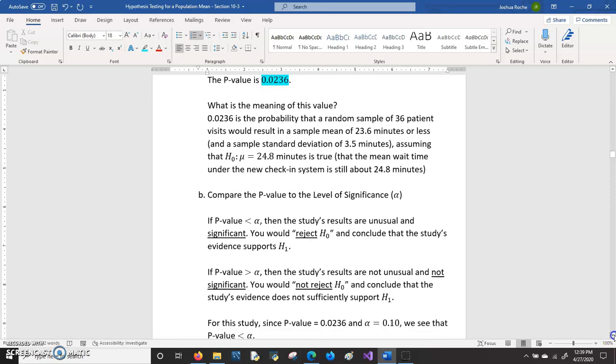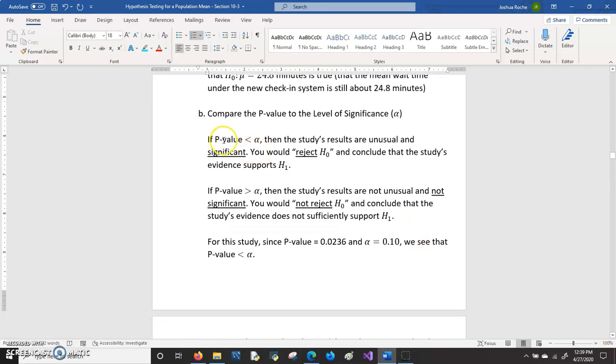So remember that when you compare your p-value to alpha, if the p-value is less than alpha, that means that your study's results are unusual and significant, and you would say that you reject the null hypothesis and conclude that your study's evidence supports the alternative. If your p-value is greater than alpha, then that indicates that your study's results are not unusual and not significant, and you would say then that you do not reject the null hypothesis.